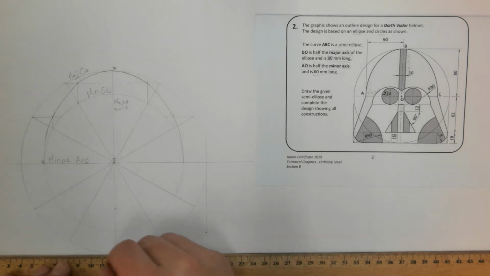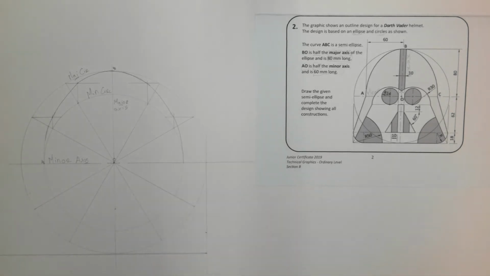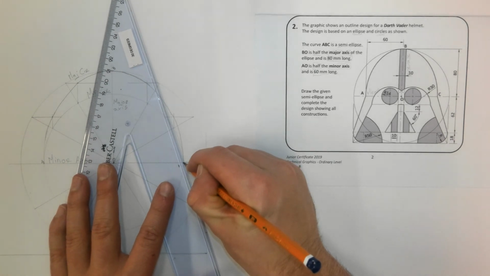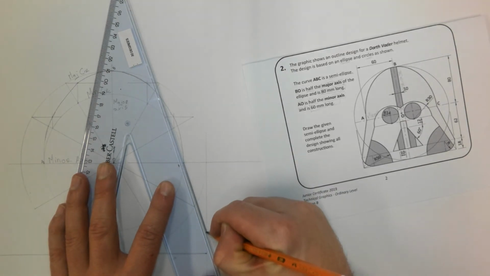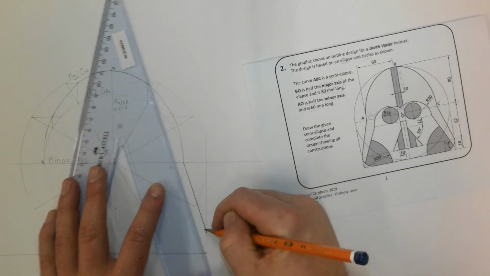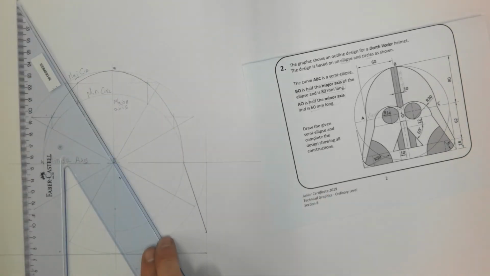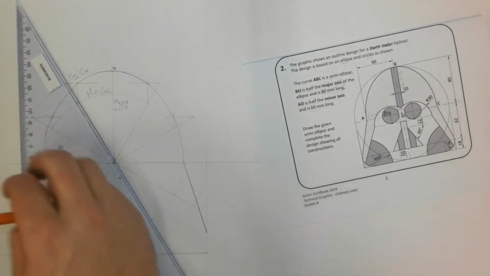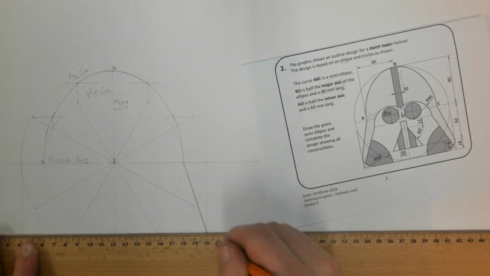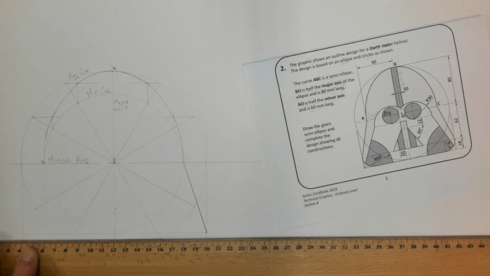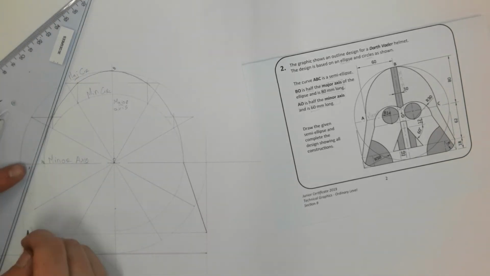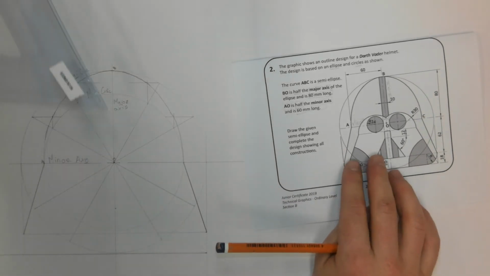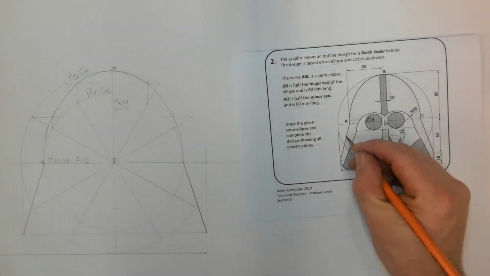It's tabbed off, that's better. Now I can join them together. Okay, I'm going to do the same on the opposite side. So that was drawn in this one here.